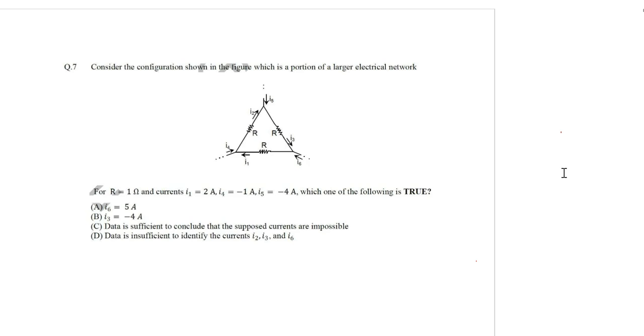Now come to another question which has been asked in the GATE 2014. Consider the configuration shown in the figure, which is a portion of a larger electrical network. All the currents have been marked properly. So given that R equal to 1 ohm, all these are equal to 1 ohm.